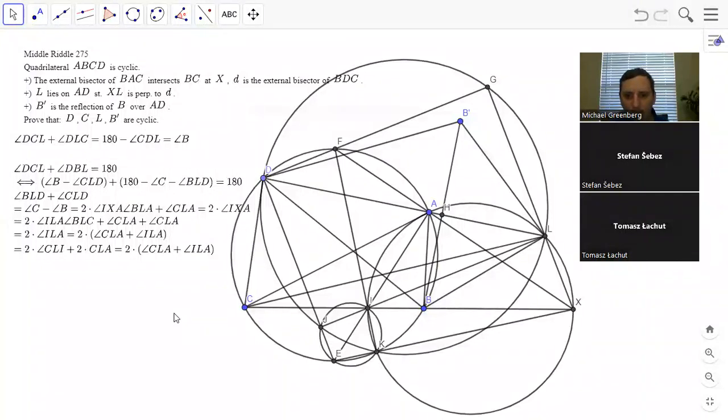Interesting. Okay. So 180 minus C is this angle, which is BLD plus, okay, is that right? Because 180 minus C is angle DAB, and so this is DAB minus BLD, which would be ABL, I think.